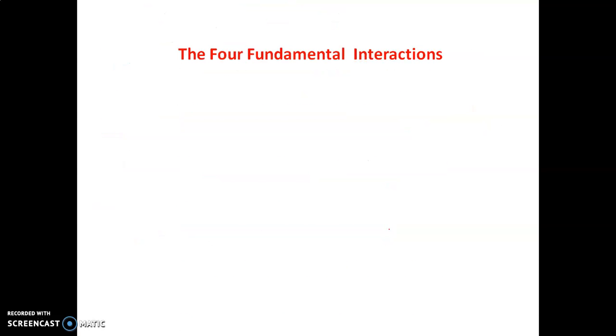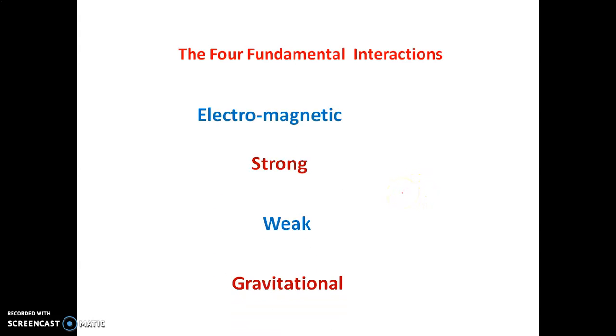And now we talk about the four fundamental interactions, because we have been talking about strong interactions without explaining what a strong interaction is. So I would like to move on to it. All interactions between elementary particles consist of any one of these four, and no other force in nature has been found which is different from these four.